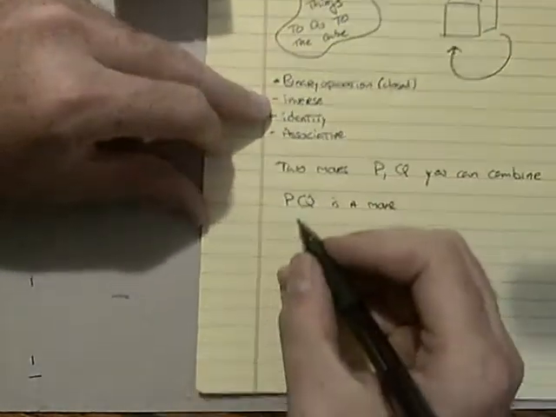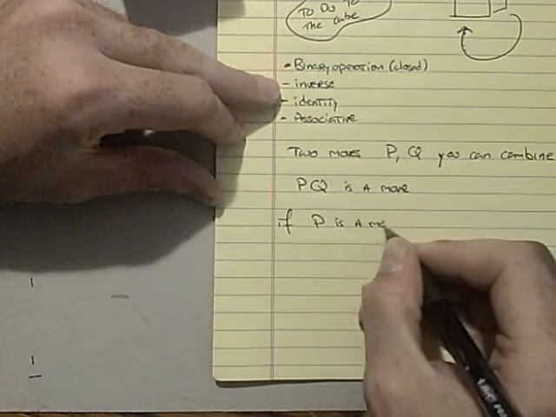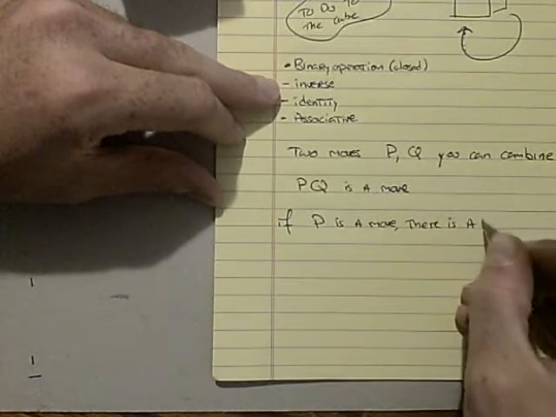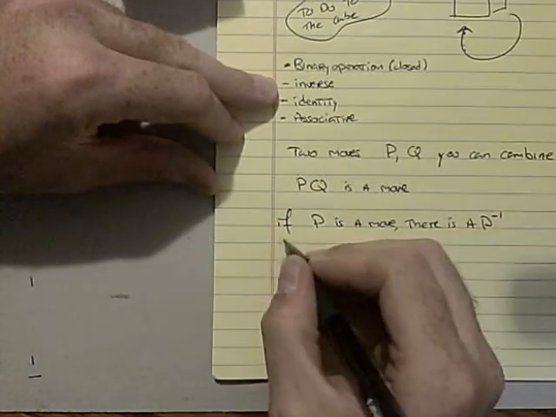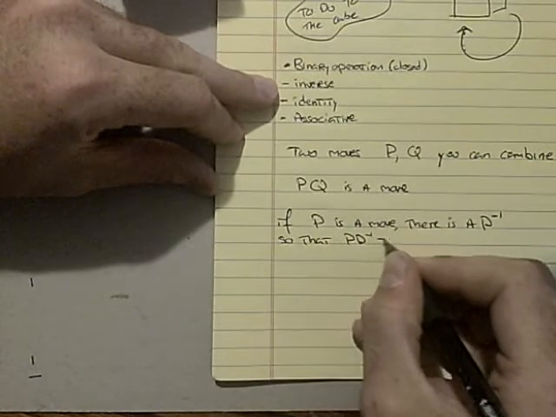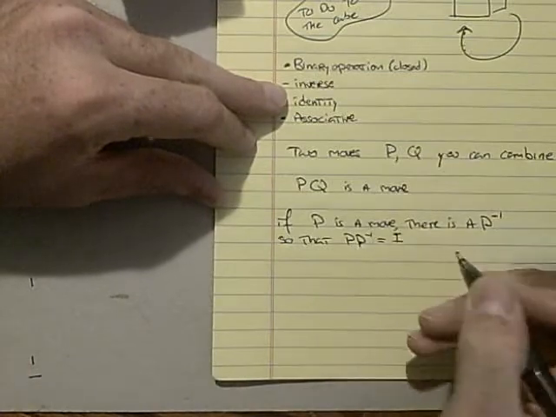An inverse just means if P is a move, there is a P inverse, so that P times P inverse equals an identity. So you have to have some identity element, okay?